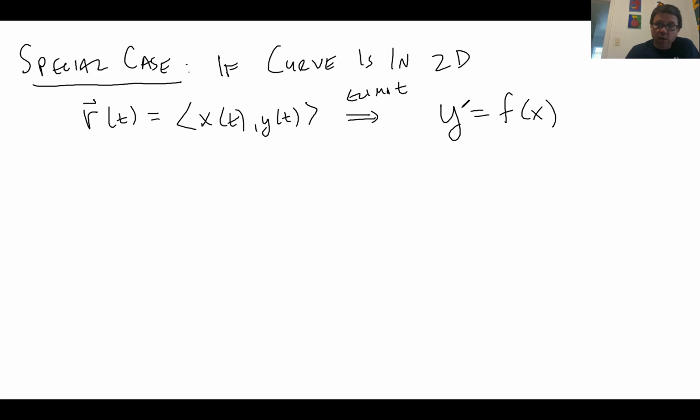So if we can do that, or really even if it just started with a vector in terms of x, then it turns out that we have a very nice formula for curvature.